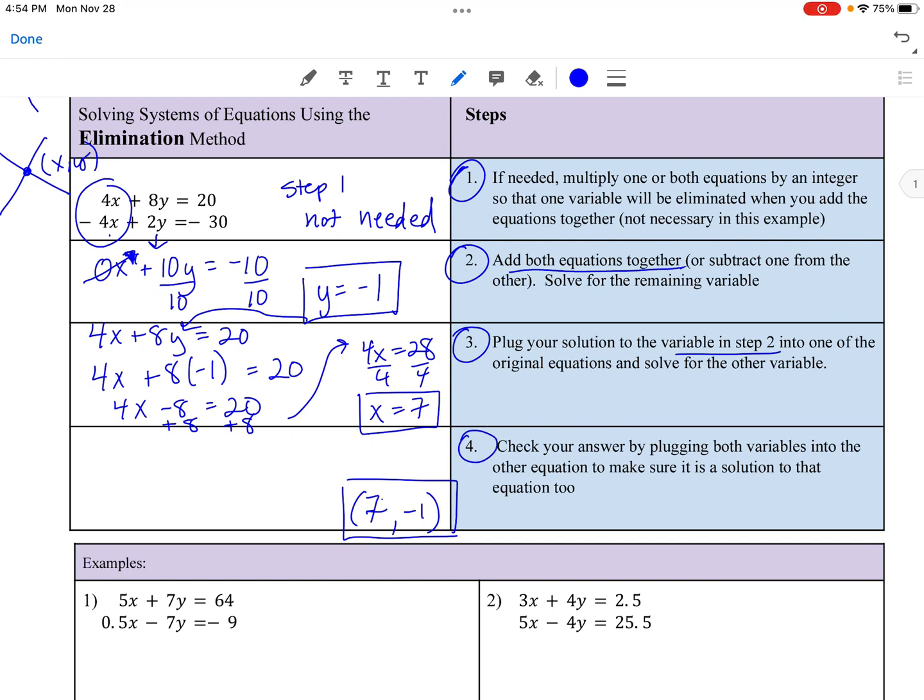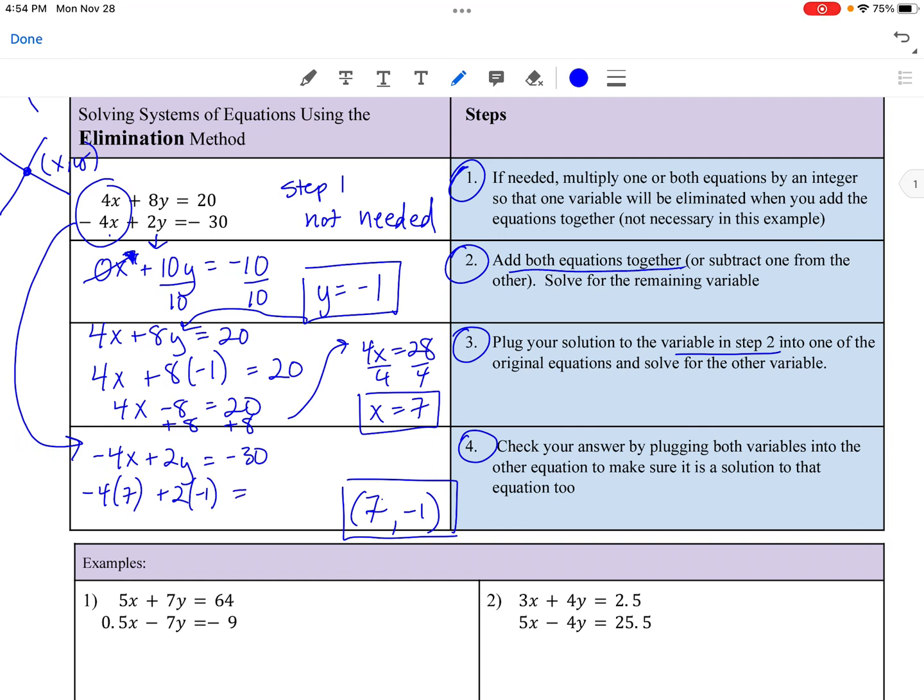And now I'm going to check my answer by plugging this point into the other equation. The second equation, we used the first equation to solve for x, so we're going to use the second equation. So our second equation is this, and I'm going to plug in my x and my y. That will become negative 4 times our x, which is 7, plus 2 times our y, which is negative 1.